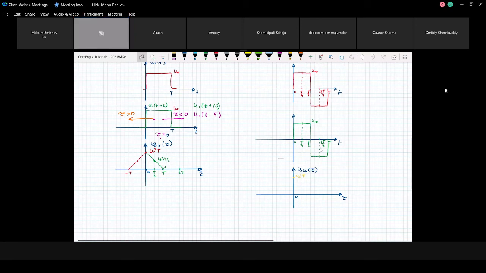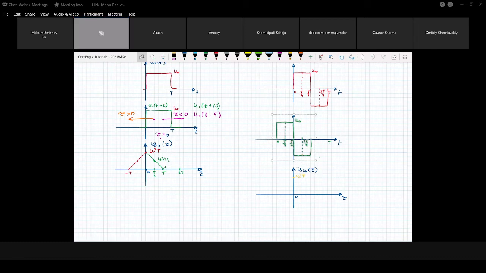But then something interesting happens when we start moving our function. If I move it like this, it's not clear actually what happens. Let's shift it slightly more and consider a delay that equals t.